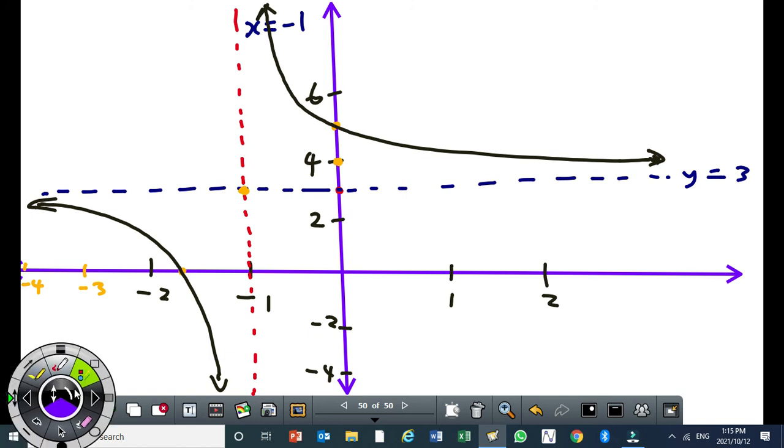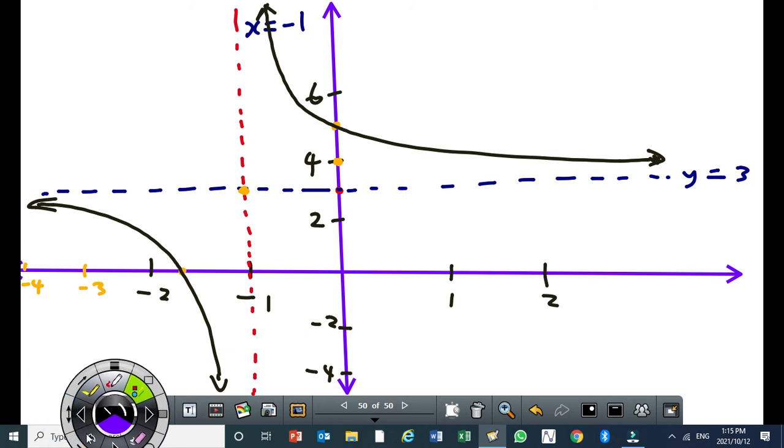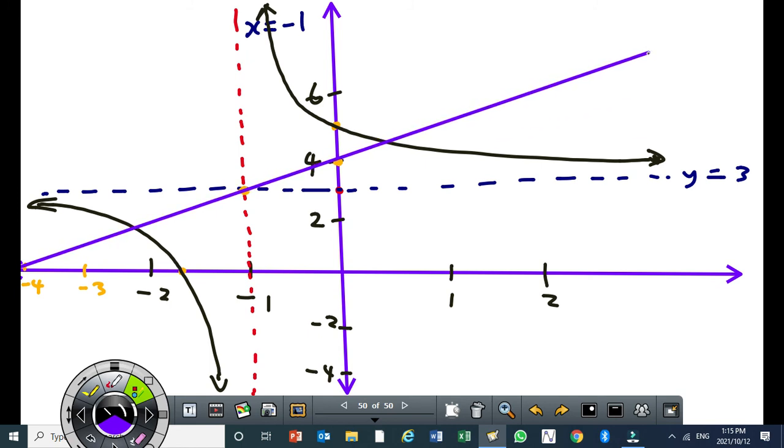Okay? So let me draw it. So when I draw it, please, my graph may not be very accurate because of scale issues, but it should look something like this. Okay?